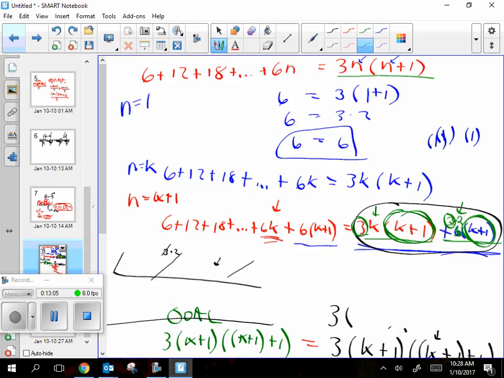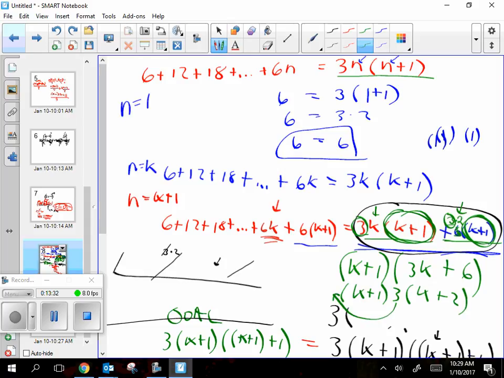If I factored out just the k plus 1, I would have 3k plus 6. Yep, you're right. It'll still work. This is just making it 1 step instead of 2. And maybe it would have been easier to just do it this way. And then take the 3 out now. And then move the 3 out to the front. So it actually saves you a couple steps.